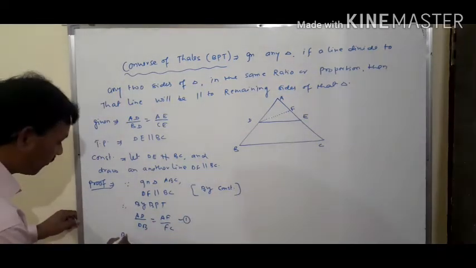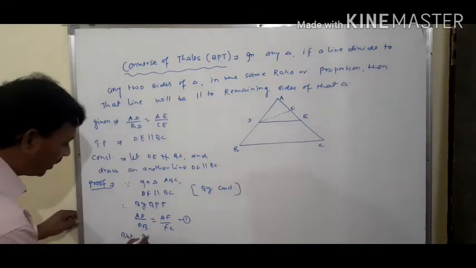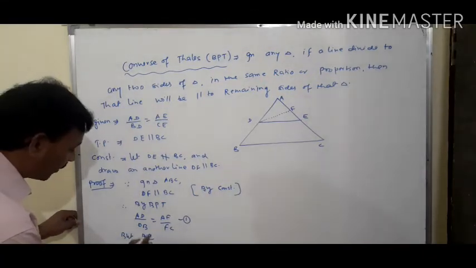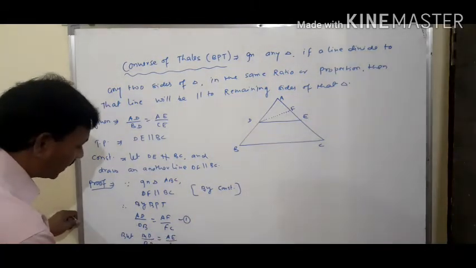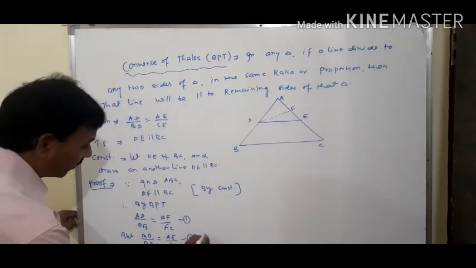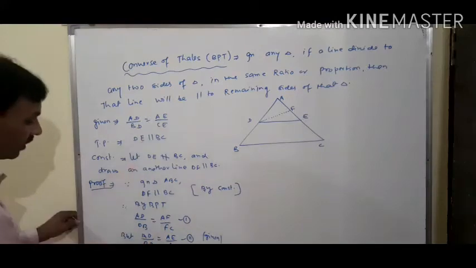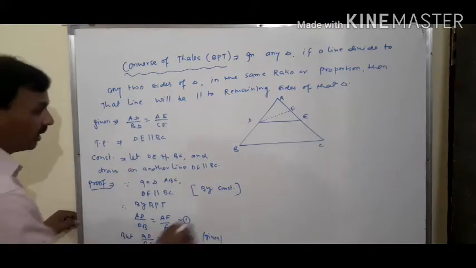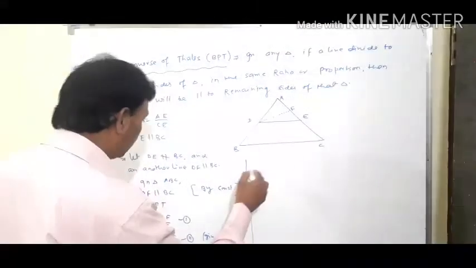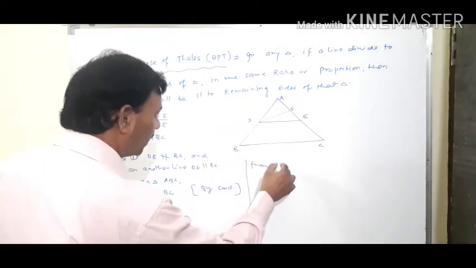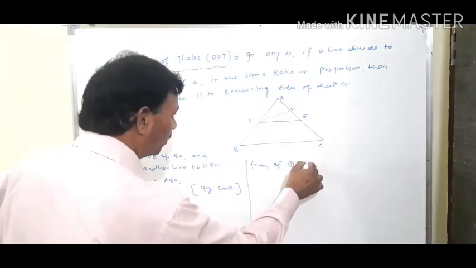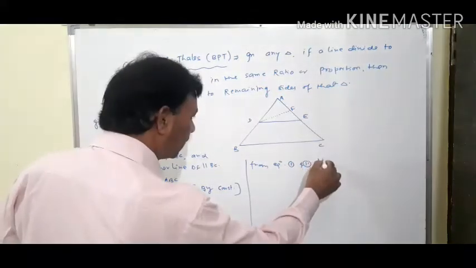But AD upon DB equal to AE upon EC, which is given. What is the reason? The reason is that this is given. So from equation 1 and 2, the LHS are equal.